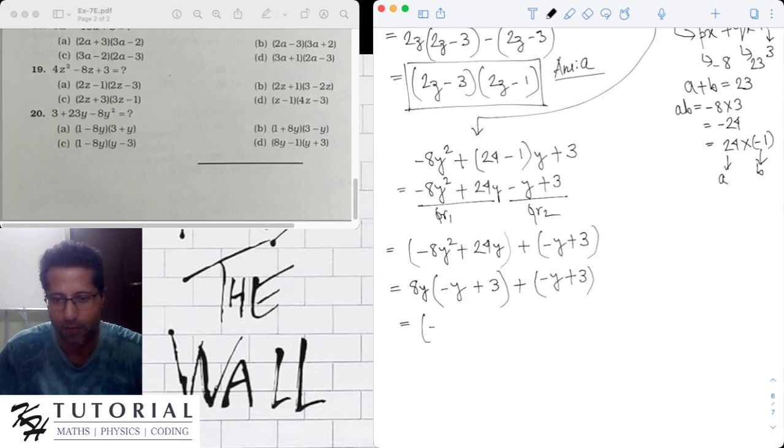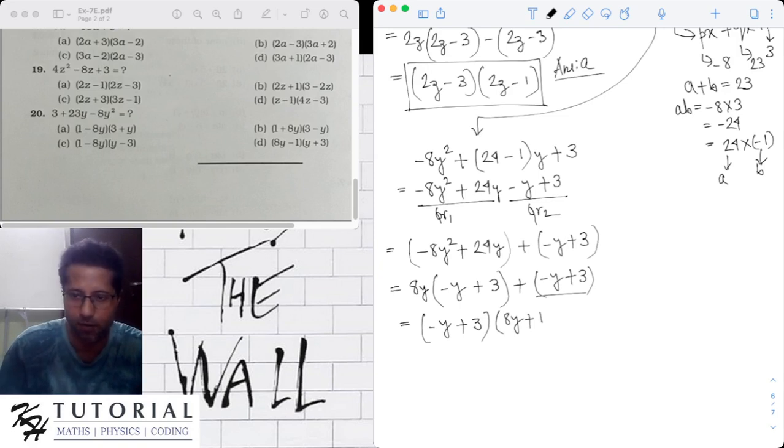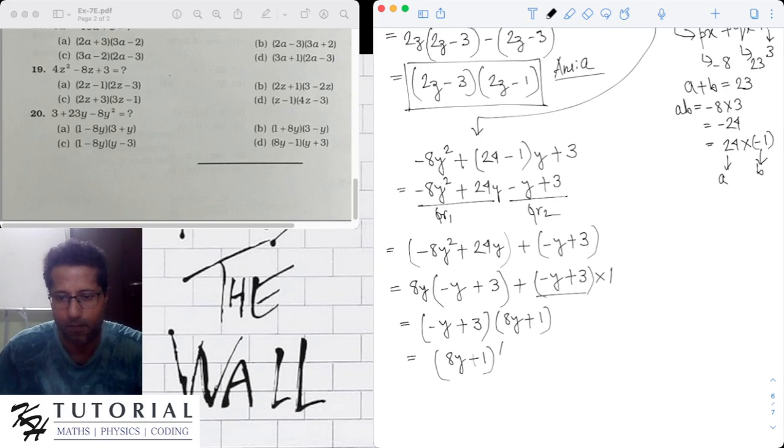So the final factorization will be minus y plus 3 multiplied by 8y plus 1. Why 1? Because this group minus y plus 3 is also having a factor of 1. Now this is equal to 8y plus 1 multiplied by 3 minus y. So this is the final factorization, and hence the correct choice will be B. B is the correct choice.